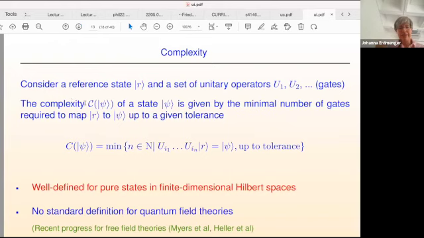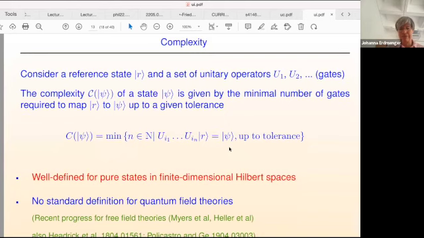So, and now I have a mathematical definition of what I just said before. So the complexity of the state, the complexity C of psi of a state psi, is given by the minimal number of gates required to map the reference state to this final state up to a given tolerance. Okay, so the complexity is the minimal number of these U's that I need to apply to my R to get some other state.